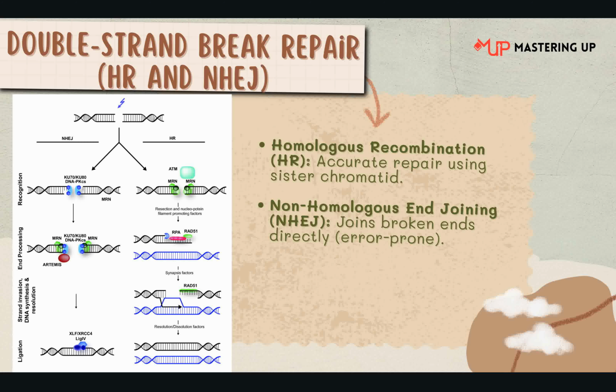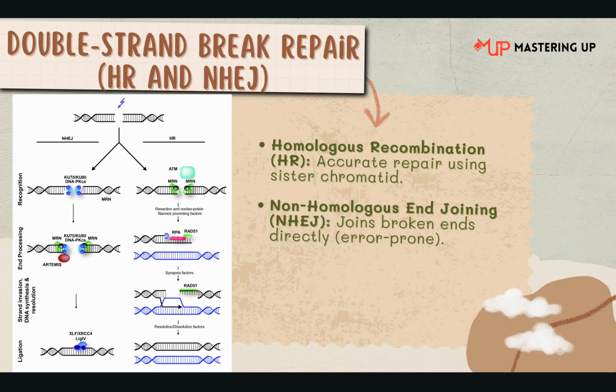And the other mechanism is non-homologous end joining, or NHEJ, which directly joins broken ends but can be error prone.